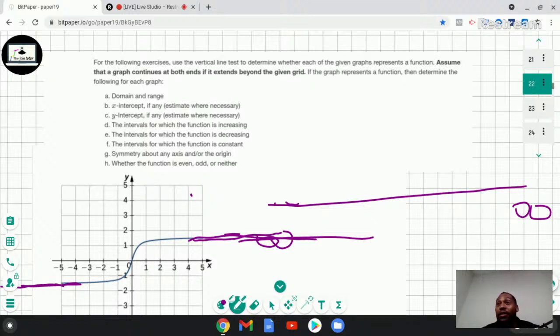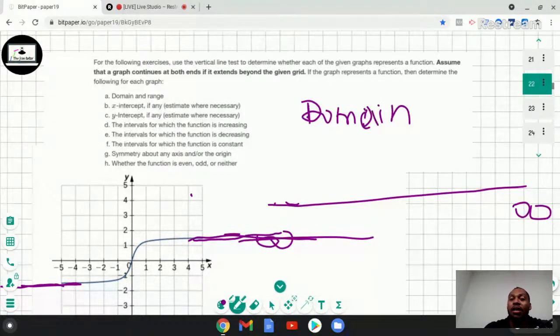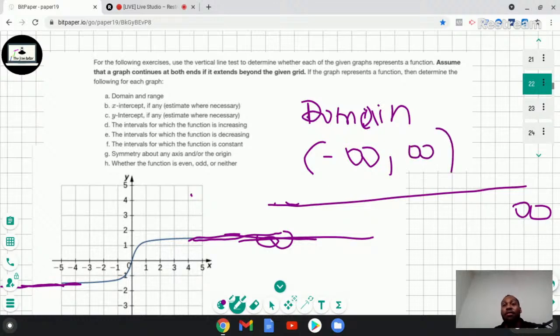So the domain of this function is all possible values of r, or you can write it in terms of intervals, negative infinity to infinity. All we did is look at the graph and see all of the possible x values. The function can take all possible x values, so the domain is negative infinity to positive infinity.